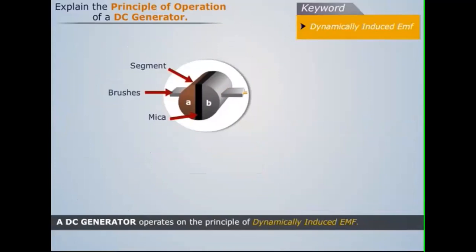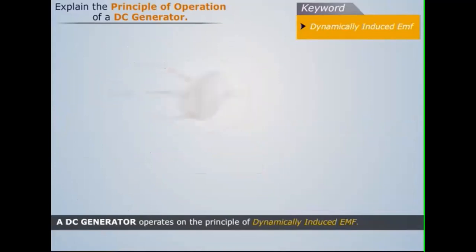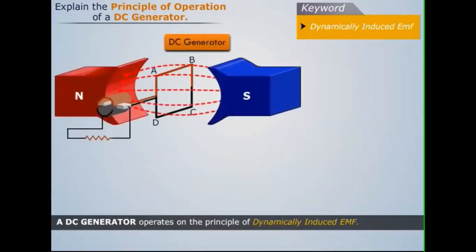Now let's discuss how these split rings change the bidirectional alternating current into unidirectional DC current. Let's assume that current is flowing along ABCD.